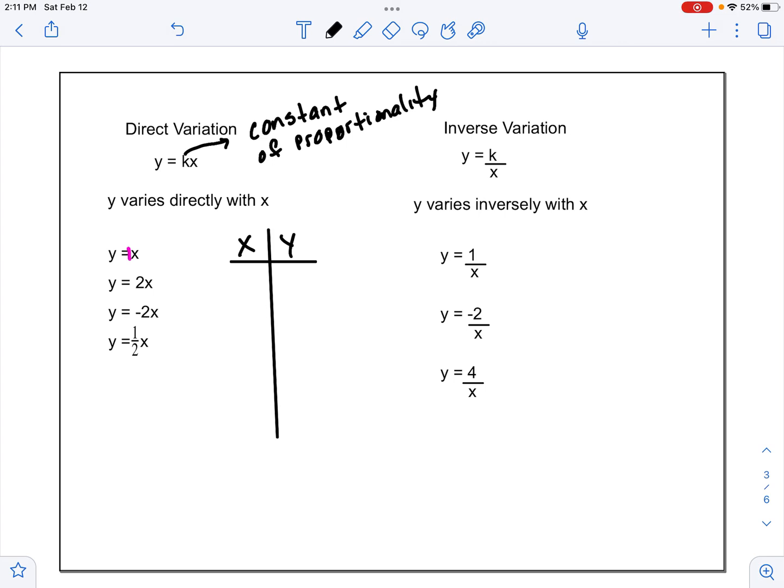Those are all just strange numbers. So I'm going to pick a number that's easy to work with. And I'm actually going to be working with y equals 2x. So I'm just going to pick that one. So I think I'm going to pick 2, 4, 6, 8. Let's just do that. It's always good to pick a couple of numbers, just so when we get to graphing them, you can see kind of where it's going to go.